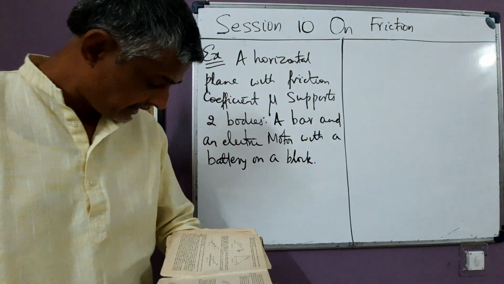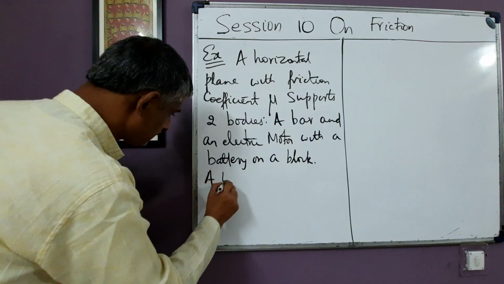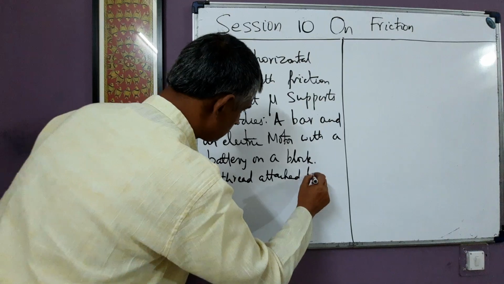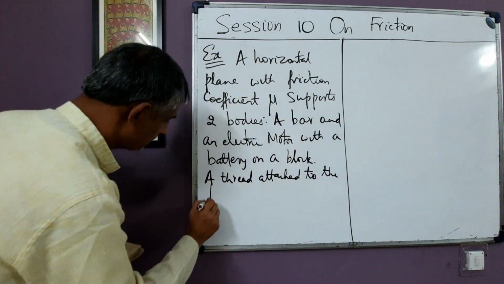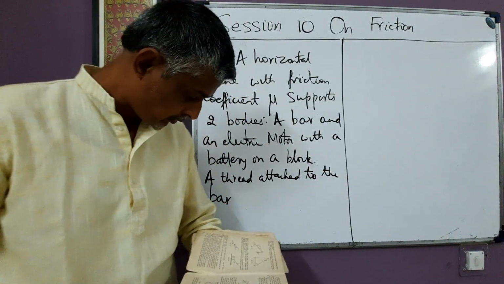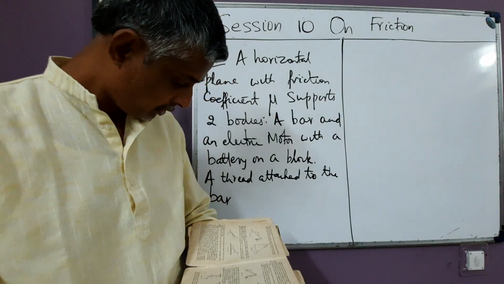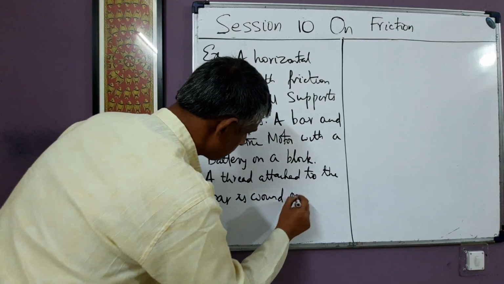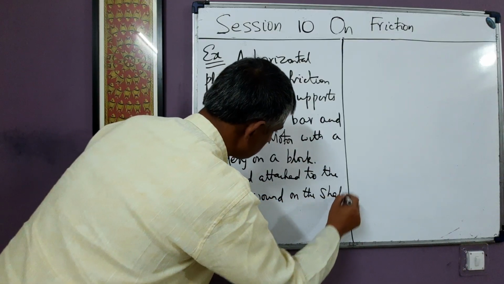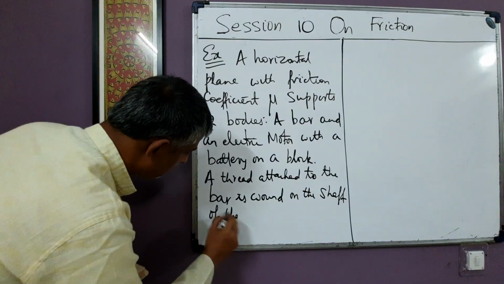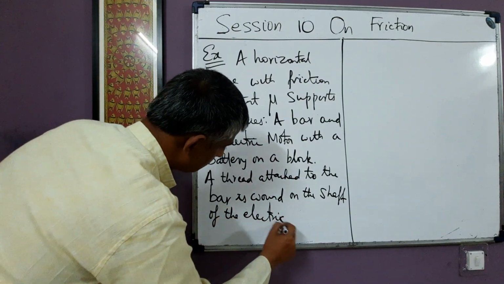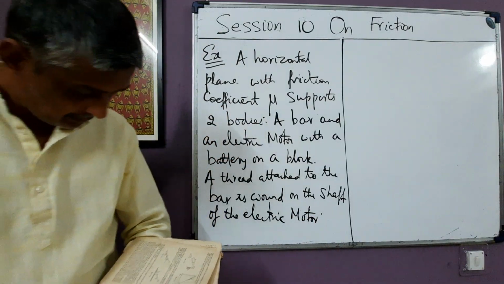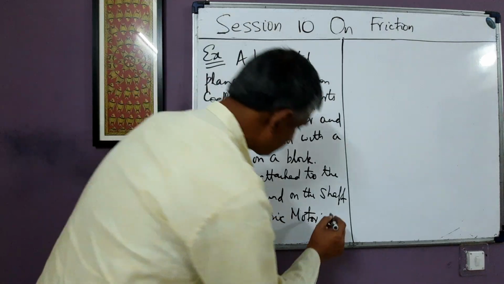A thread attached to the bar is wound on the shaft of the electric motor. The distance between the bar and the motor is equal to L.